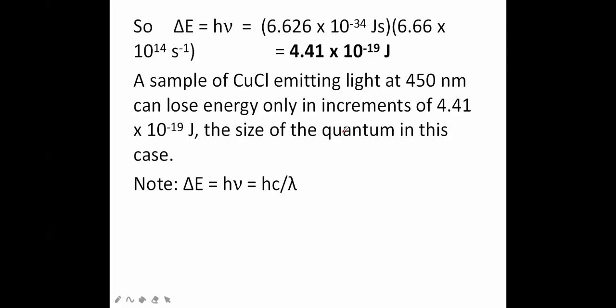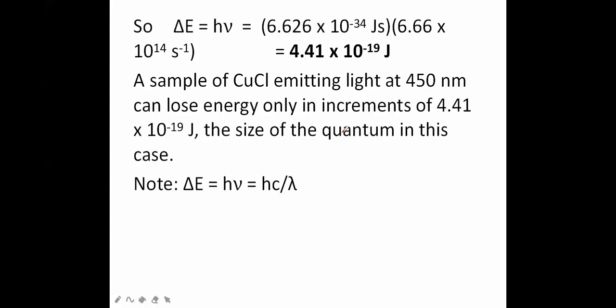So the sample of copper chloride with a wavelength of 450 nanometers will lose energy at increments of 4.41. We don't know the beginning and the end, but every time there's an increase, it will be by 4.41. Are we getting that, sir? Yes, we are getting it. Okay.